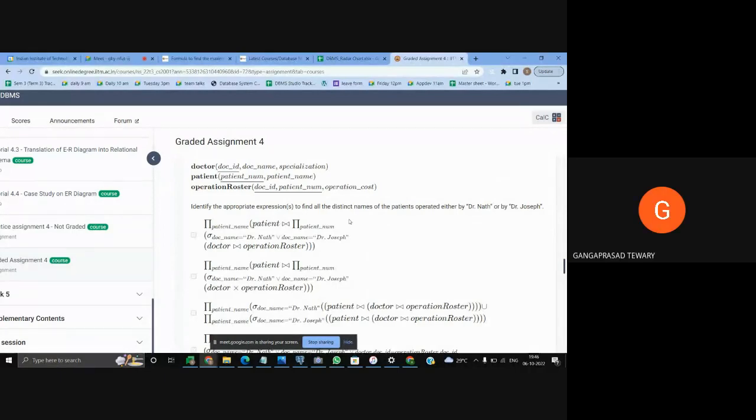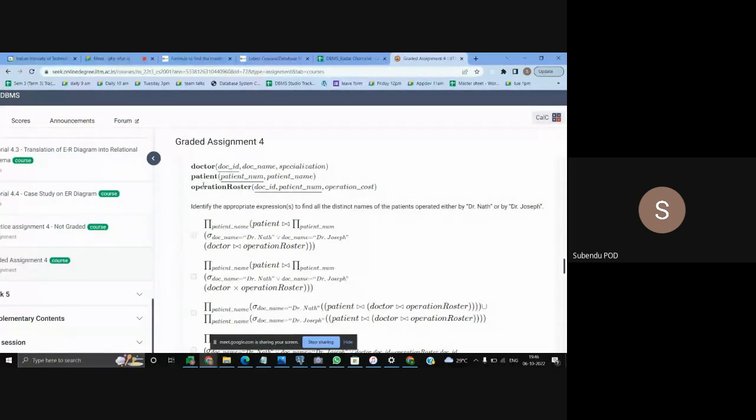You have to find the distinct names of the patients operated on either by Dr. Nath or by Dr. Joseph. So whatever patient number we get from that.